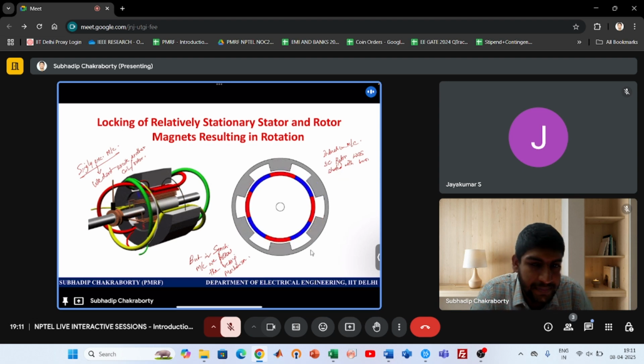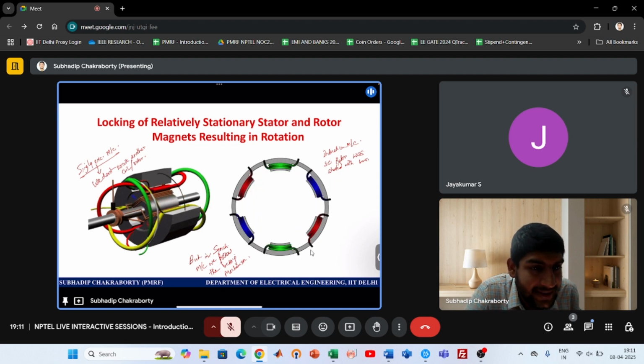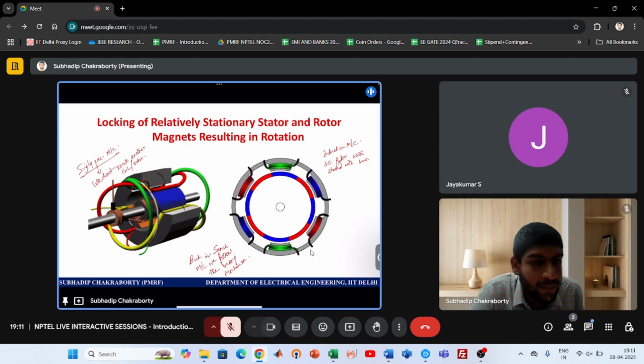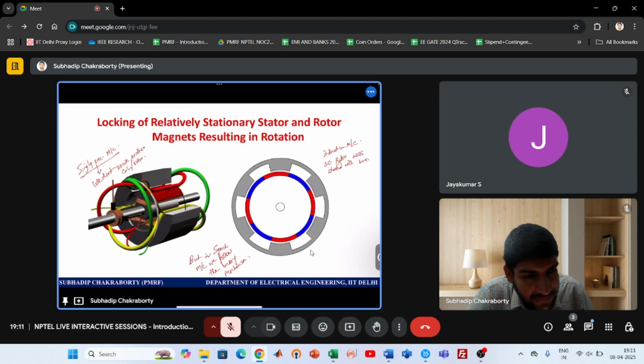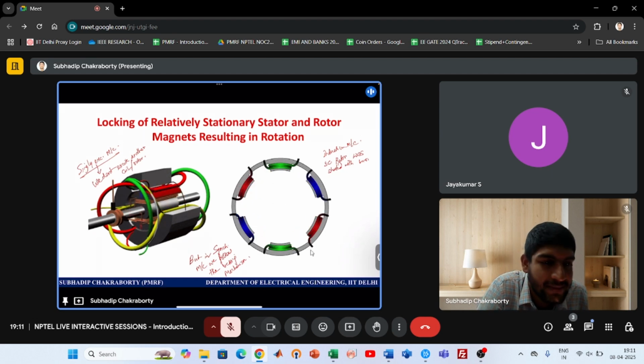Either rotation will take place because of Lenz's law, or the rotation will take place because of locking. Because you are not rotating the rotor if you are operating it as a motor, right? In a motor, you give the supply. That will generate the RMF. Once the RMF is generated and the locking takes place with the rotor magnet or electromagnet, then the rotation will happen and it will behave as a motor.